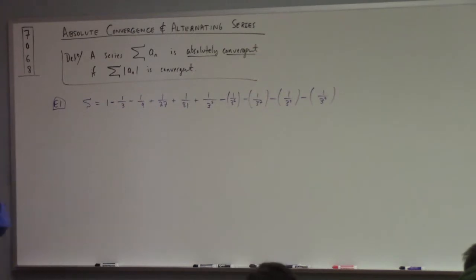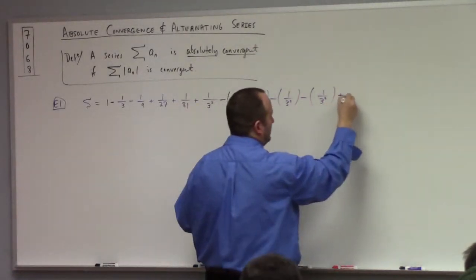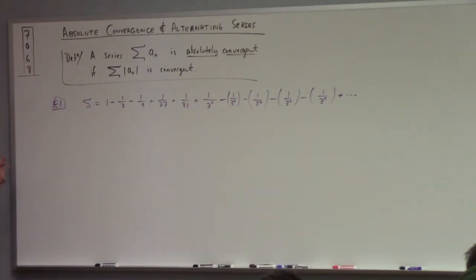So this is not a geometric series, right? It's not geometric because what? Depending on where you are, you're either multiplying by a third or minus a third to get to the next term, right? But it's not regular. It's not always multiplying by a third. It's not always multiplying by minus 1/3. So it's not geometric, right? But it's kind of like a geometric series, right?